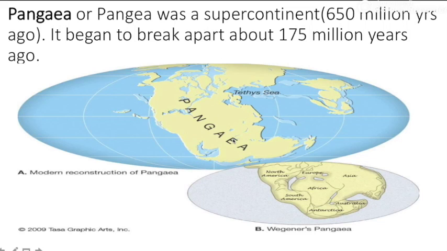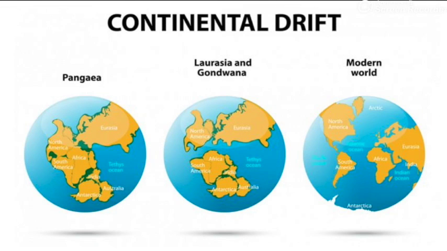But do you know what happened after some time? You can say 175 million years ago, this Pangea got divided into two parts. You can see one is Laurasia and another is Gondwana. Look at this Gondwana. You can see South America, Africa, India, Antarctica, and Australia. It means we, South America, Africa, Antarctica, India, and Australia, we were one.